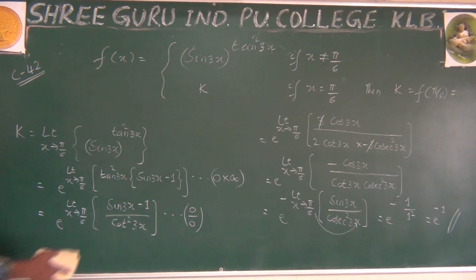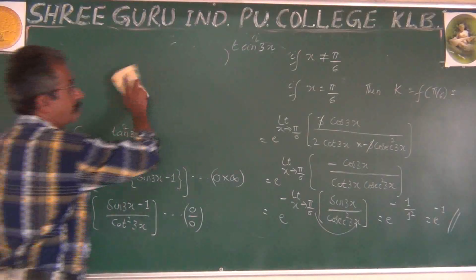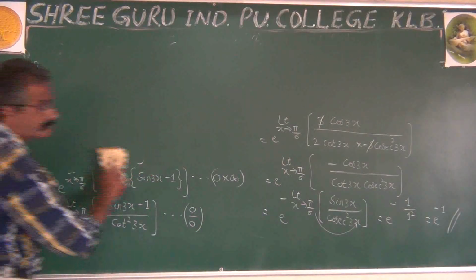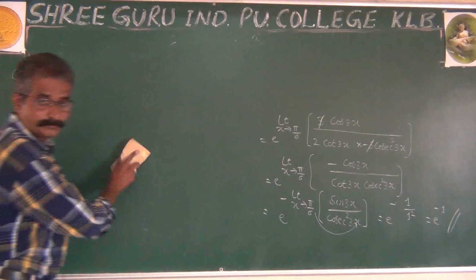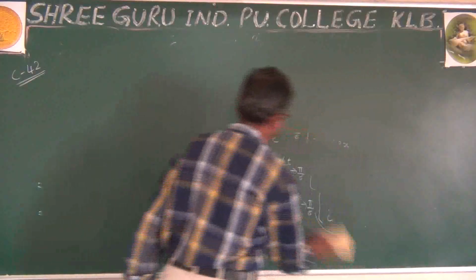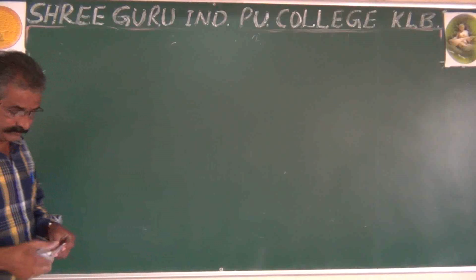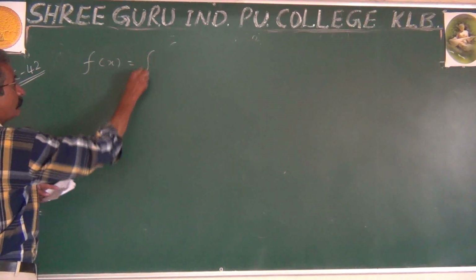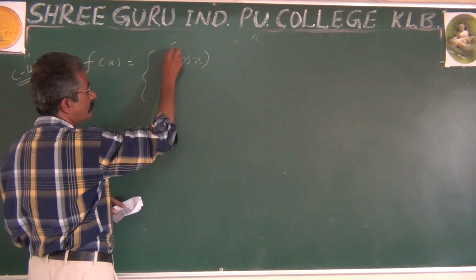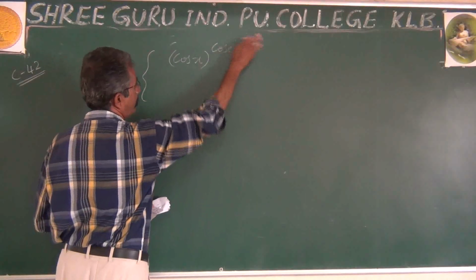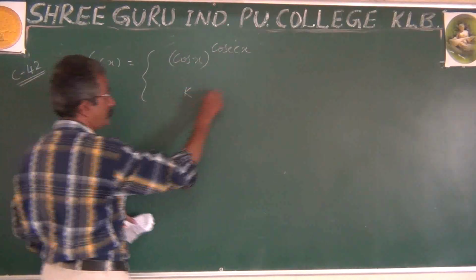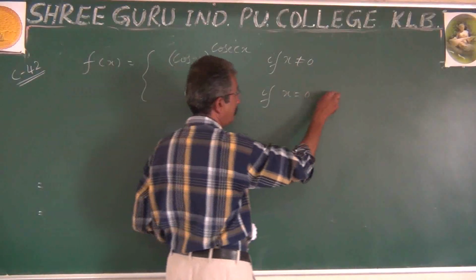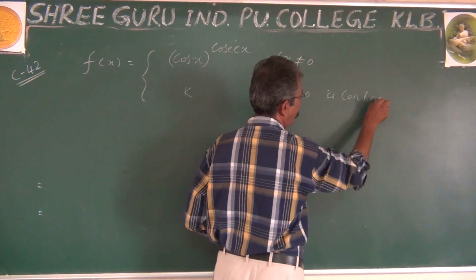Next problem. If the function f(x) equals cos x to the power of cosec x if x is not equal to 0, and k if x equal to 0, is continuous, then what is the value of k?